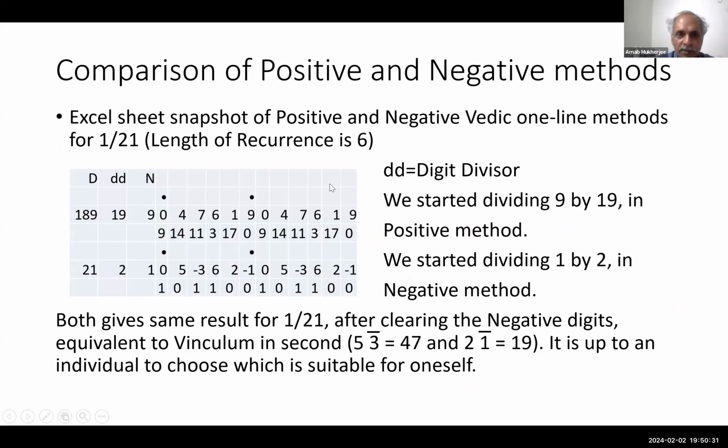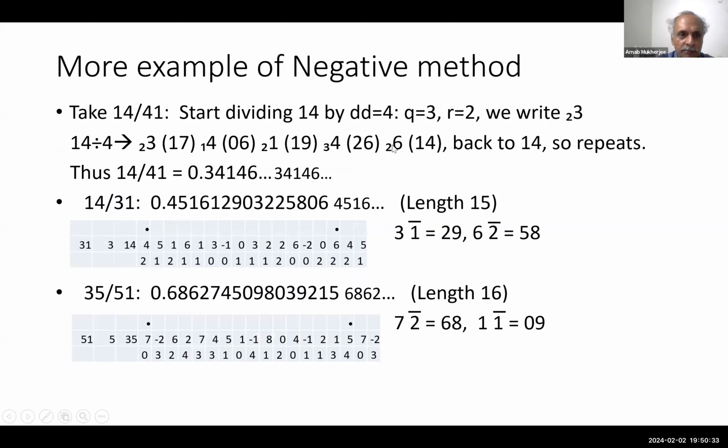That method I had seen. Here you listen very carefully to the procedure. I am going to this 14 by 41 because there is no negative digit coming here. If negative digits come, there is a way to handle it. But first we do it without any negative digit, just the procedure.